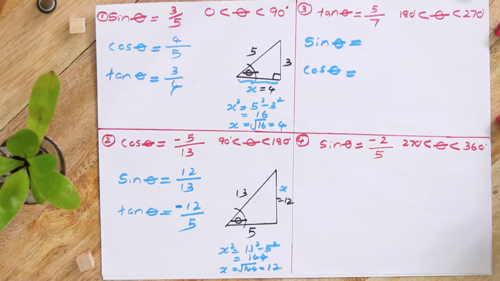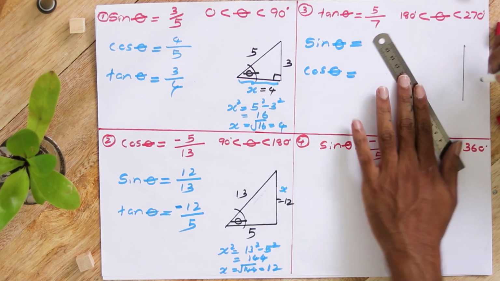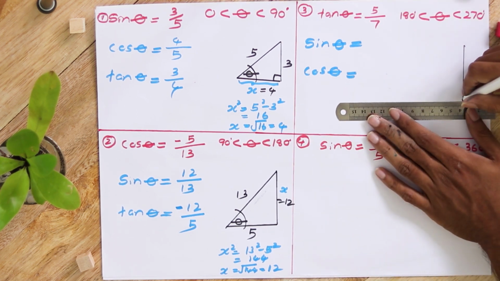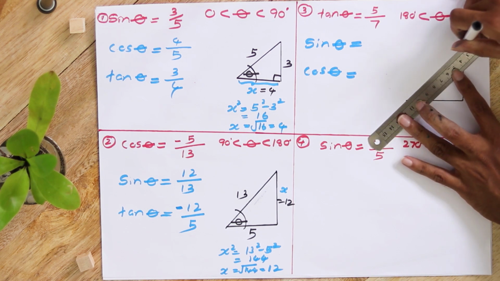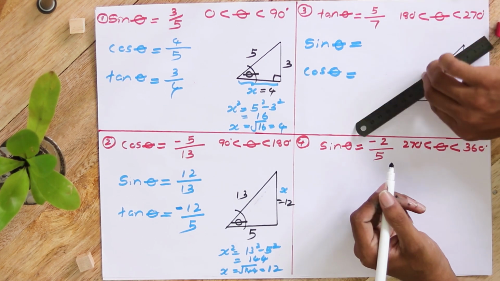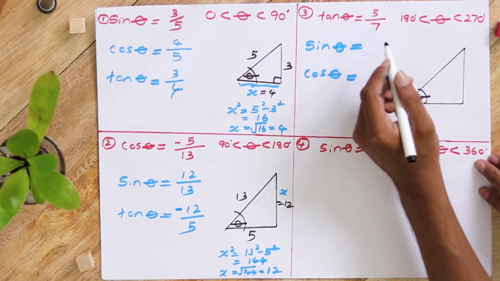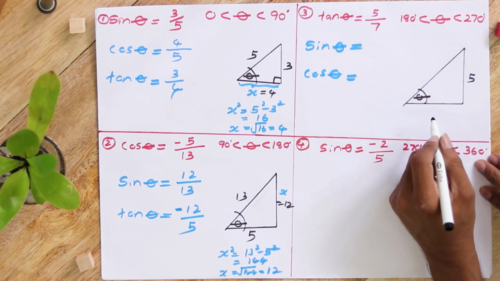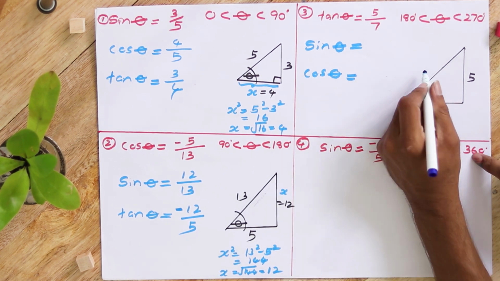Now, if you draw the triangle, now this is theta, and tan theta means opposite over adjacent. So this is 5, this is 7, and we are supposed to find this x.